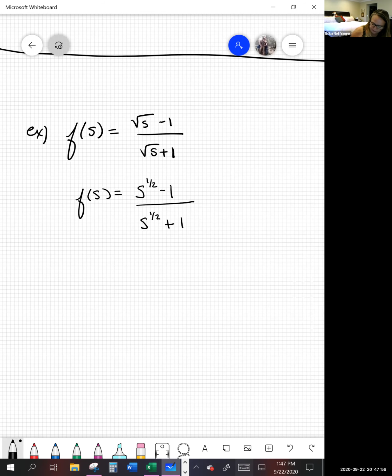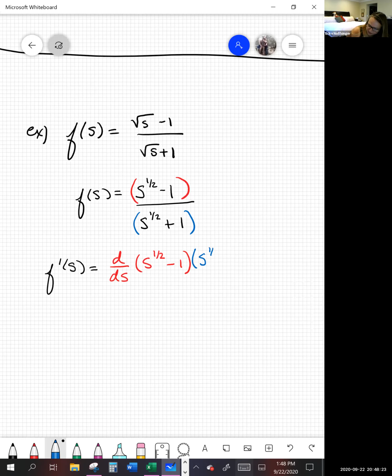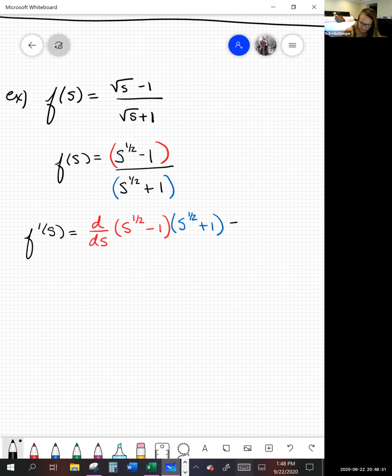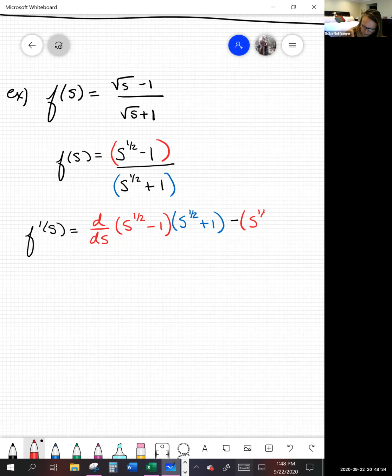So taking the derivative, I'm just going to write out the rule real quick. It says you're going to take the derivative of the numerator. So this would be d/ds of my numerator, s to the 1/2 minus 1. Notice I haven't taken the derivative yet. This is telling me I need to do that. Times the denominator, which is s to the 1/2 power plus 1, minus the numerator, s to the 1/2 power minus 1, times the derivative of the denominator.